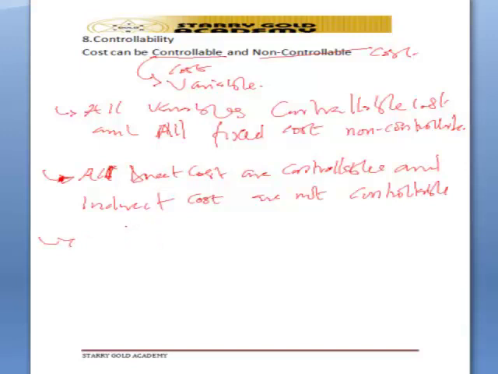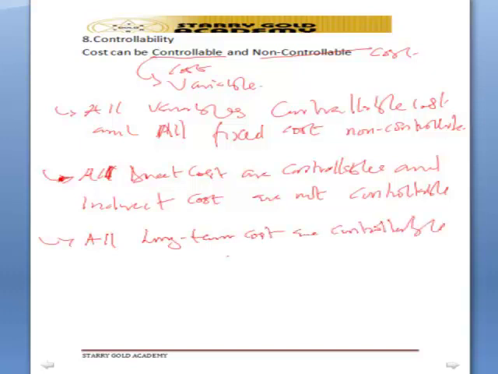Another fallacy states that all long-term costs are controllable. Sometimes the time factor and the decision-making authority can make a cost controllable.